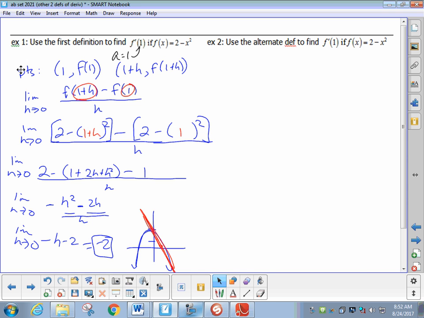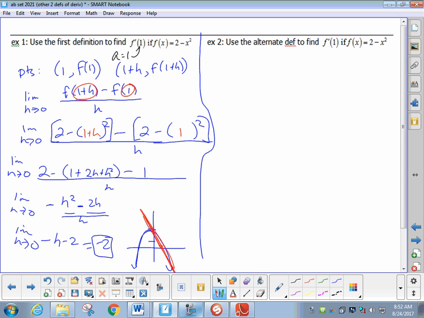Let's practice using the alternate definition. Now you can see that it's the same function, same question, so it should be the same answer. I'm just doing this by virtue of seeing how they compare. The first definition with a number in it and the alternate definition work to do the same thing. They find the slope at a particular point. I just want to do a little comparison with these, okay?